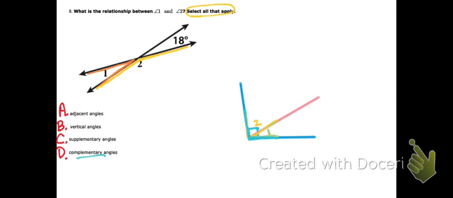So they would be called complementary angles. So rewind if you need to, but tell me angle 1 and 2, are they adjacent? Are they vertical angles? Are they supplementary angles? Are they complementary angles? I'll tell you there are two correct answers.